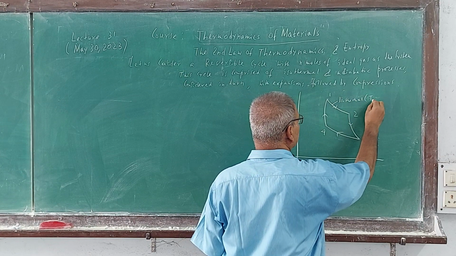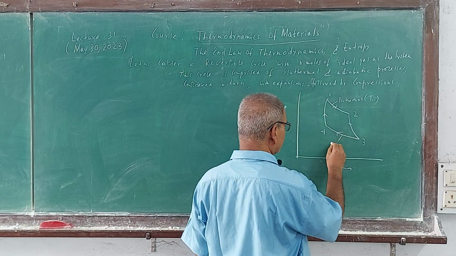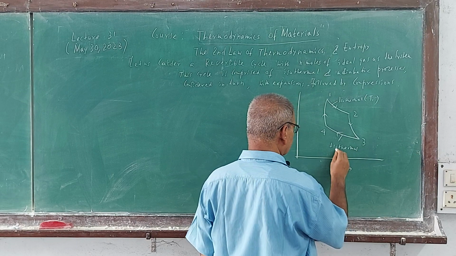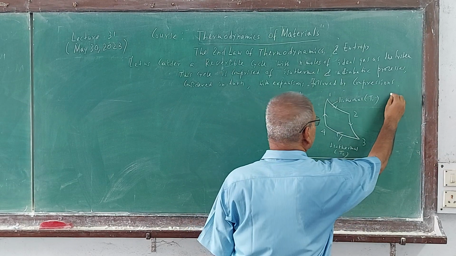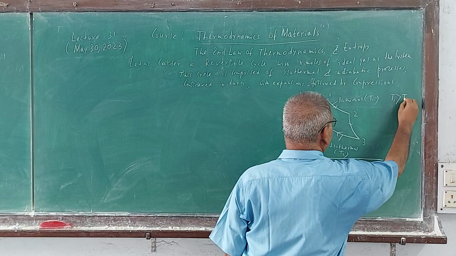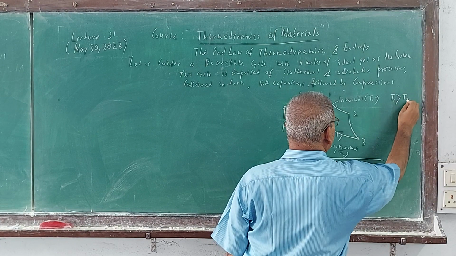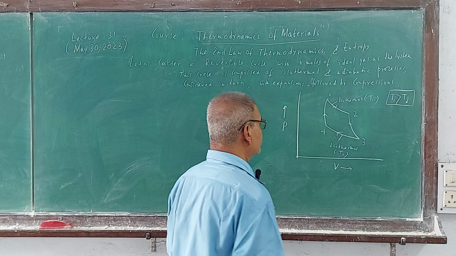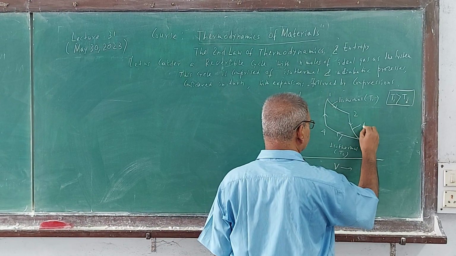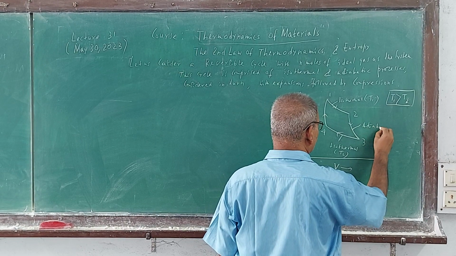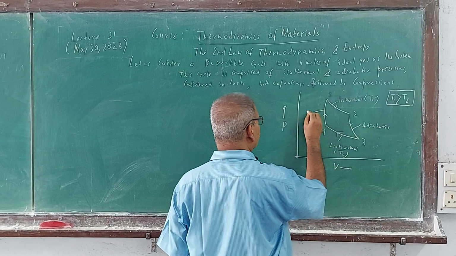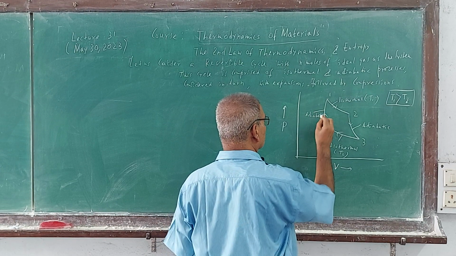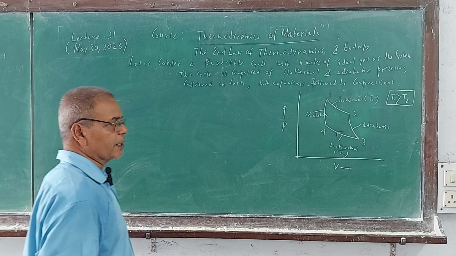What is the temperature? T1. This is the isothermal, temperature T2. Note here T1 is greater than T2. This is adiabatic. This is also adiabatic. One, two, three, four, one cycle.